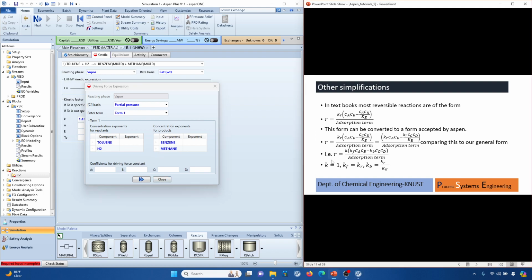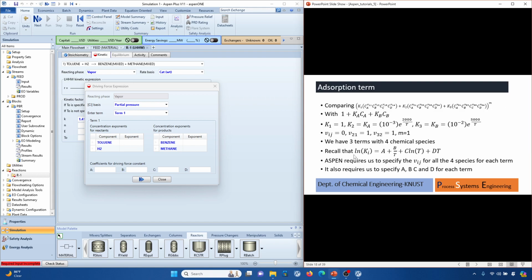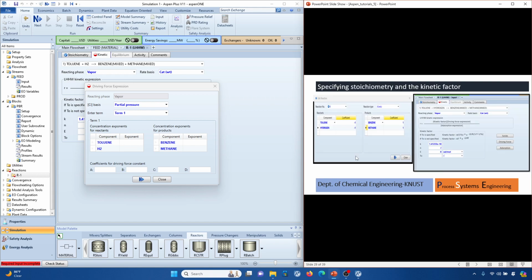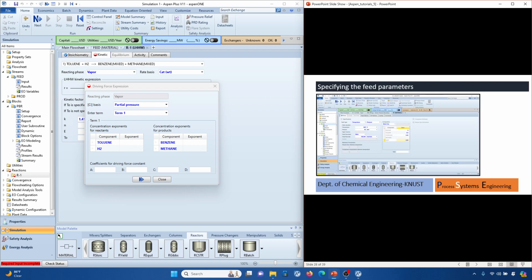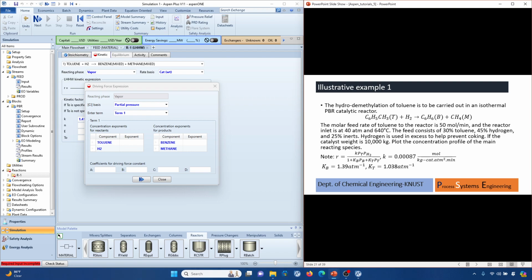So if we go to our problem in a specific case, we do not have both terms present. We have just one term. So in there we have toluene and hydrogen present and nothing else.